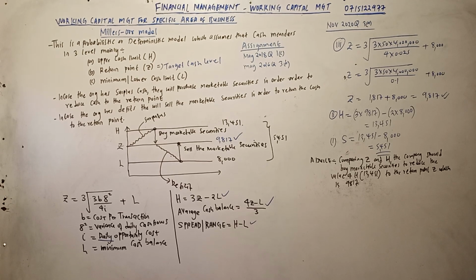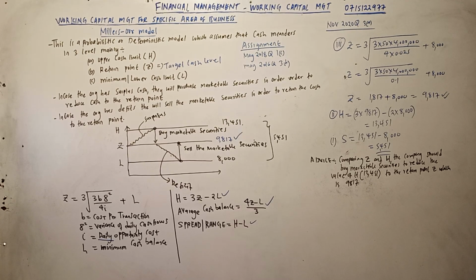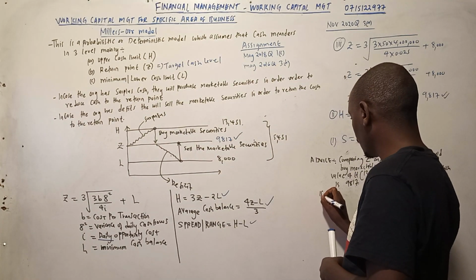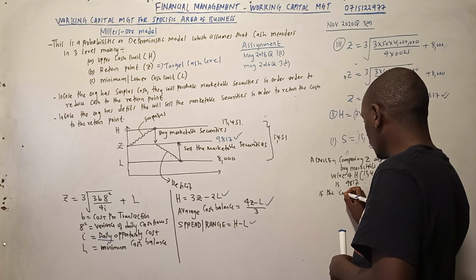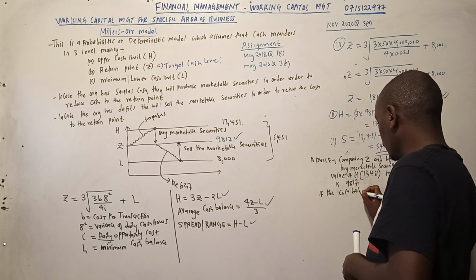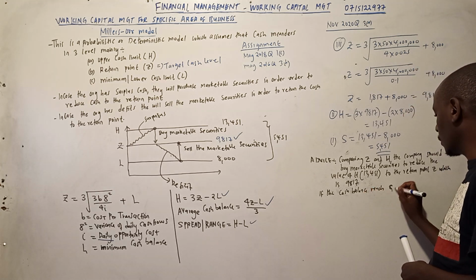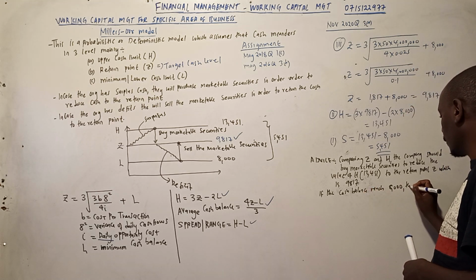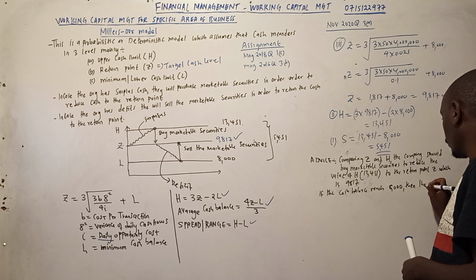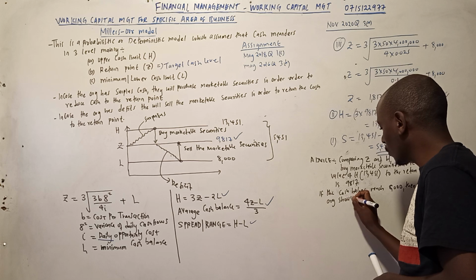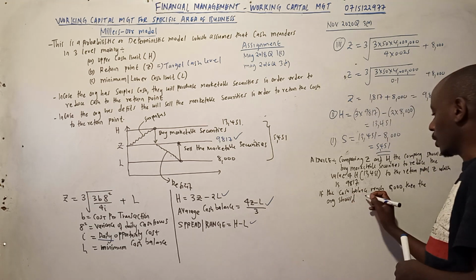So the only advice here is that if the cash balance reaches 8,000, then the organization should sell the marketable securities.